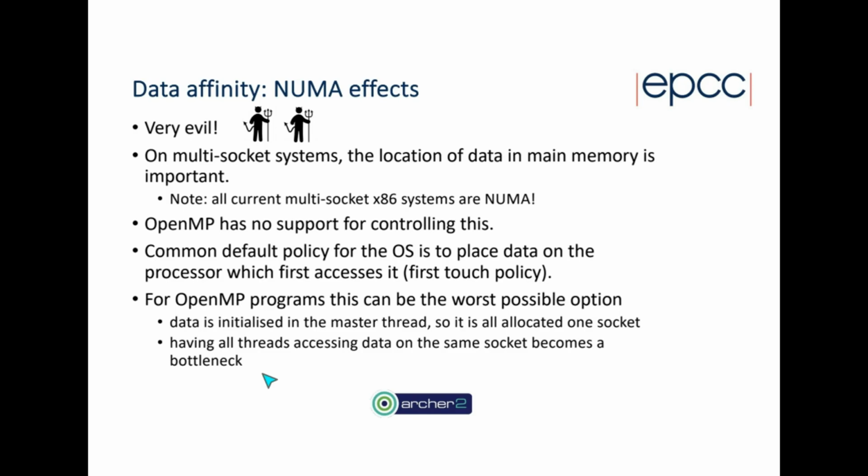When that happens, the location of data in main memory becomes important as well, because main memory is physically split up into different bits, which are more closely attached to some cores than others. All the memory is accessible from all the cores, but the speed of access is different.